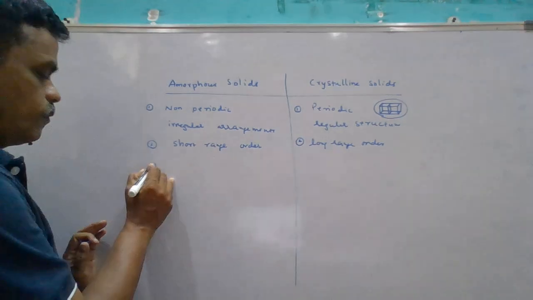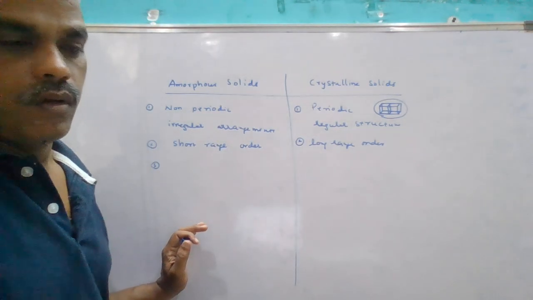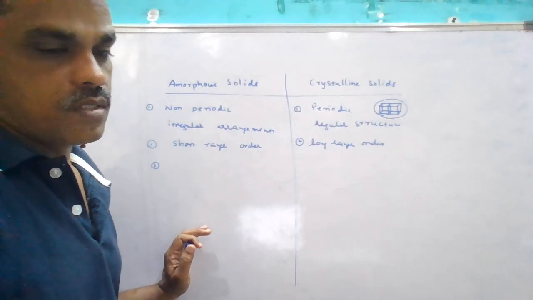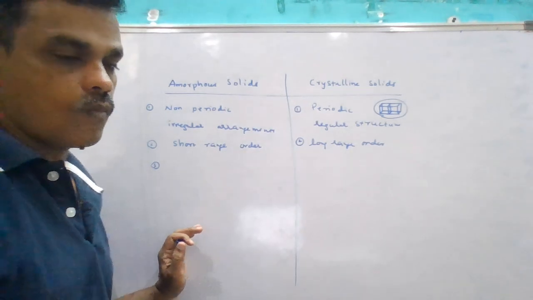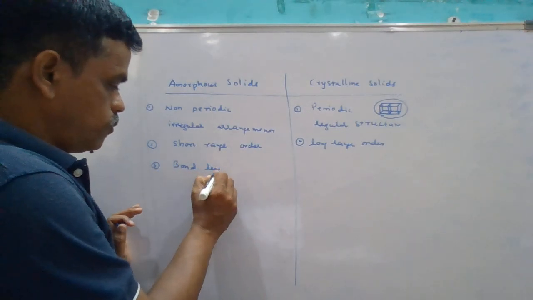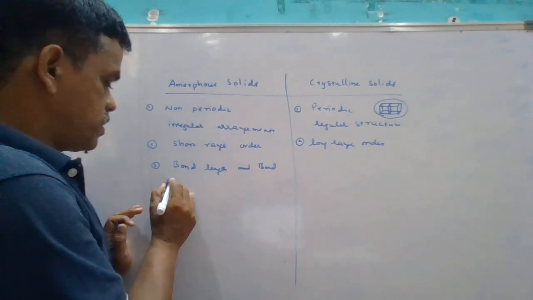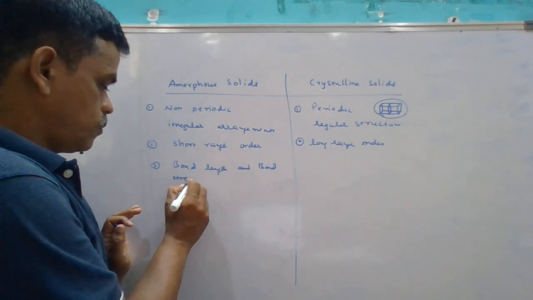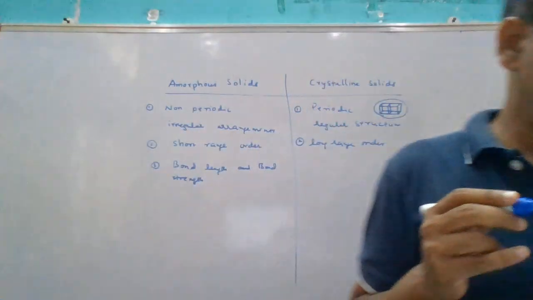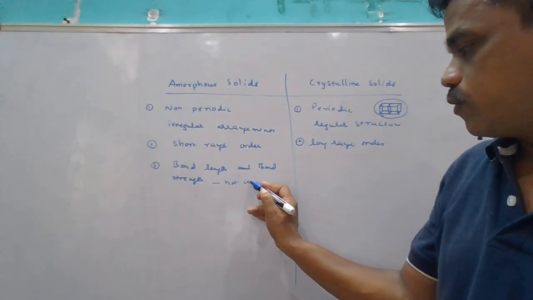Then what about bond lengths and bond strengths? Bond lengths and bond strengths will not be uniform.